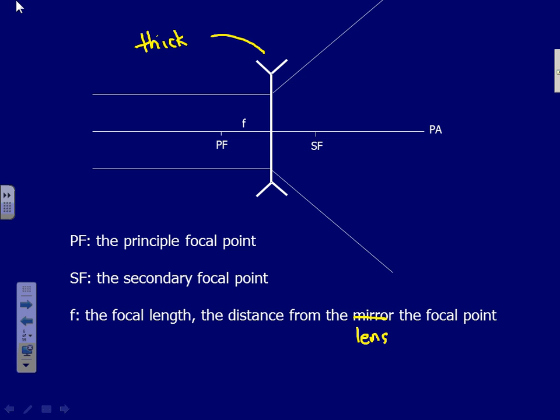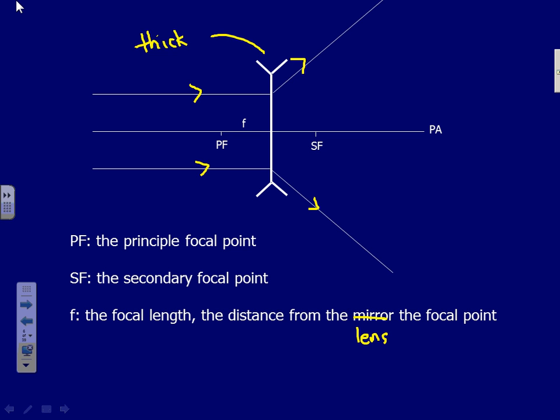Now, these rays that I have shooting out here, I didn't draw them just pointing anywhere. They actually have to point in a certain direction. Where do you think those rays that are diverging away, where do they look like they're coming from?